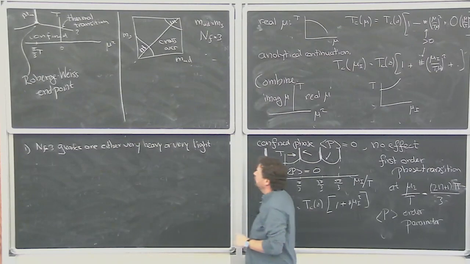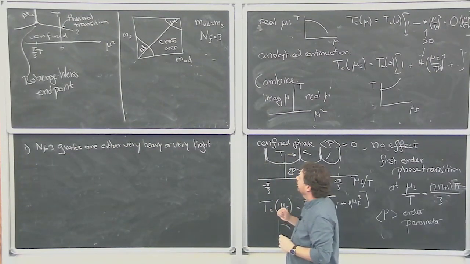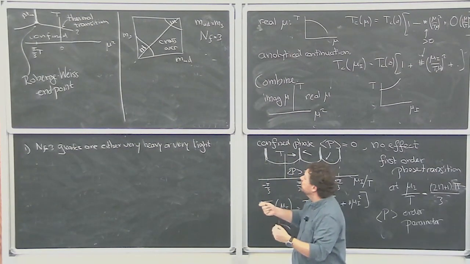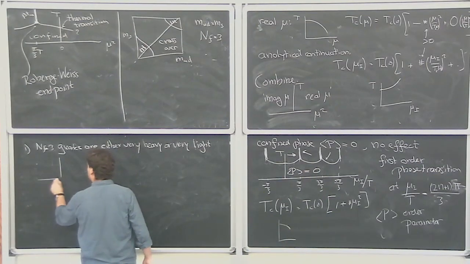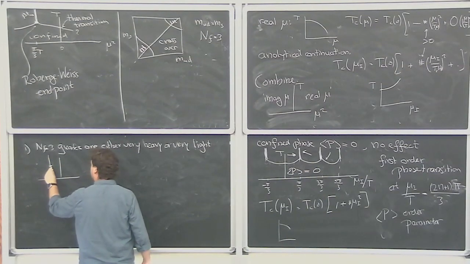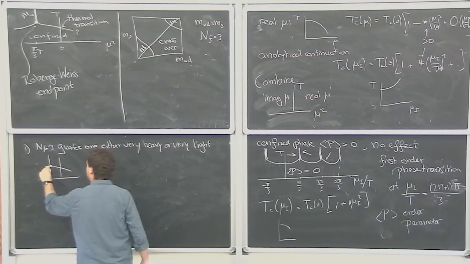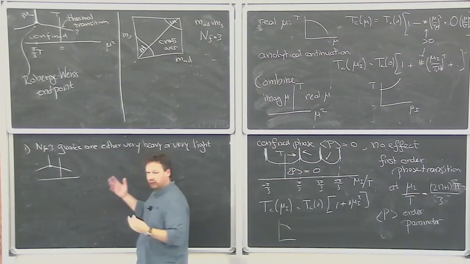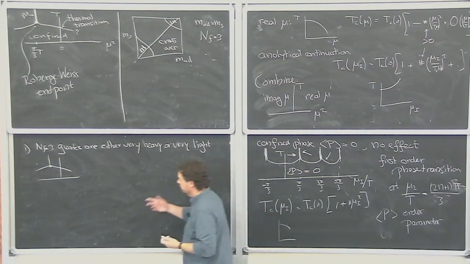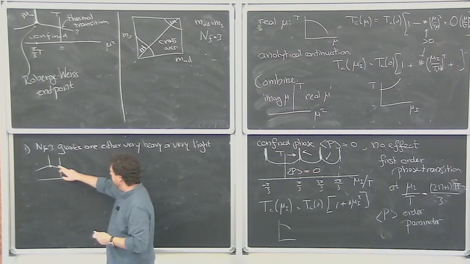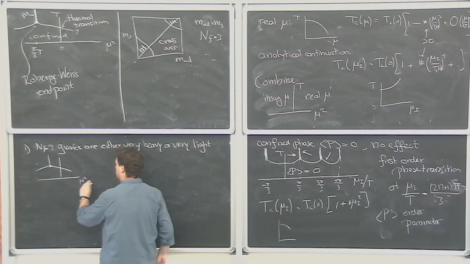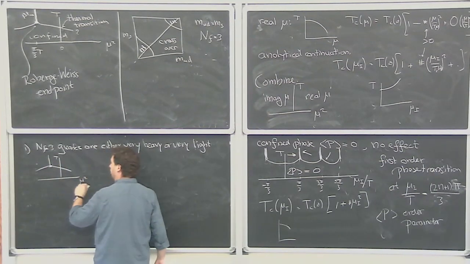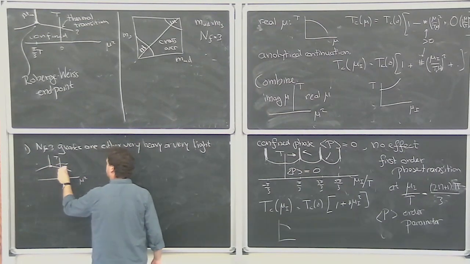If I have a first order thermal transition, then this will extend to non-zero mu as well. So it's very reasonable to assume that basically everywhere the transition is first order. So the thermal transition is first order, the Roberge-Weiss transition is first order, and so all first order.